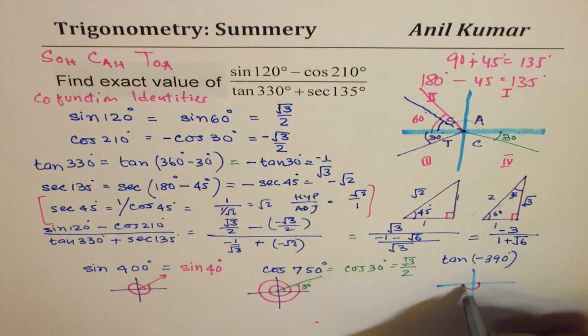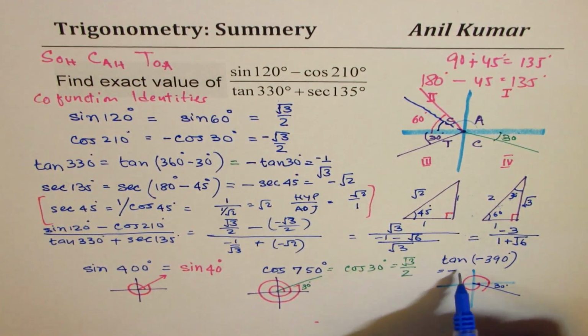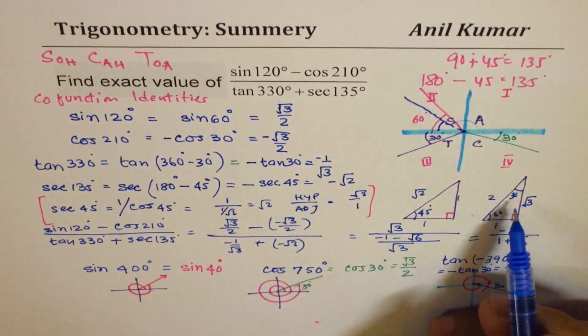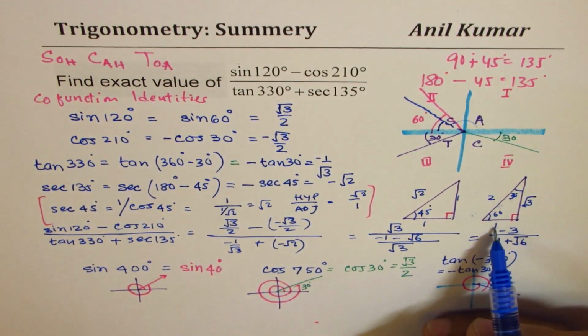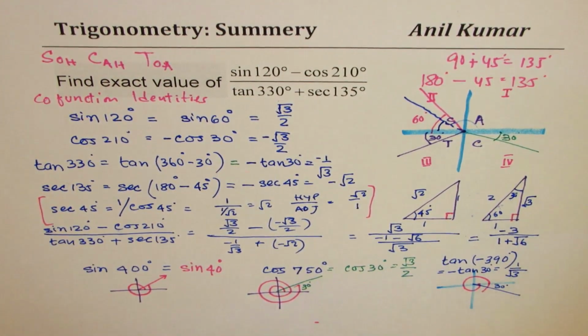So if you go clockwise, this is 360 degrees, correct? And 30 more. So you are here, 30 more. So you are in this quadrant with this as 30 degrees. Since you are in quadrant 4, it will be minus tan of 30 degrees, and that will be, from this triangle, the value will be 1 over square root 3. So it will be 1 over square root 3.